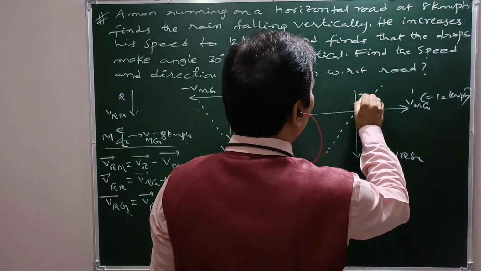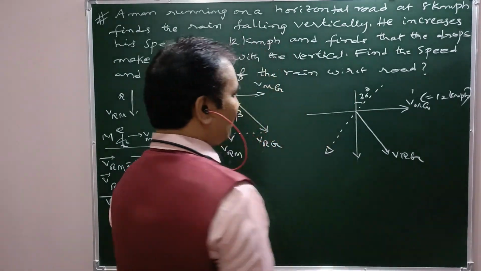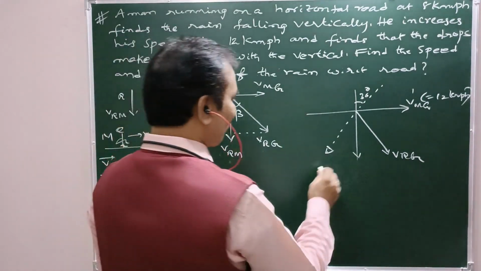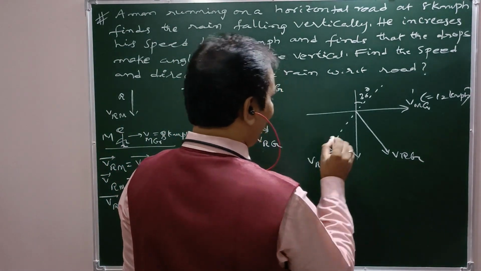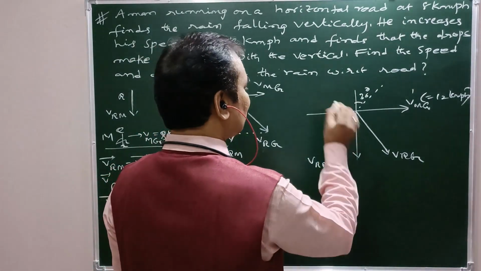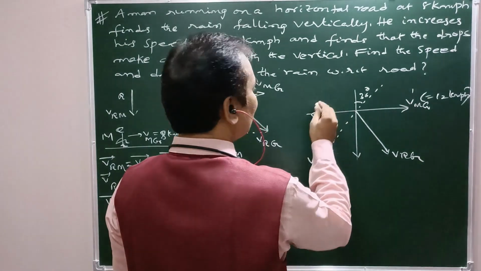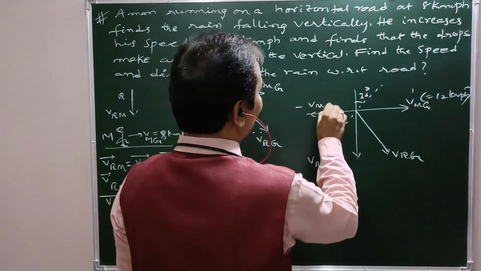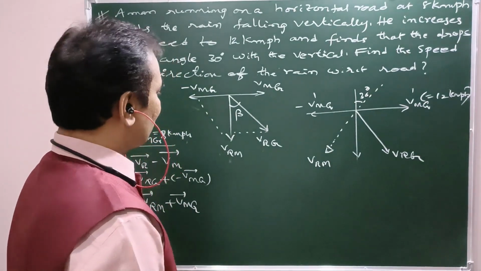This might be the velocity of rain with respect to the running man. So make it reverse: VMG dash becomes minus VMG dash, that is 12 kmph.